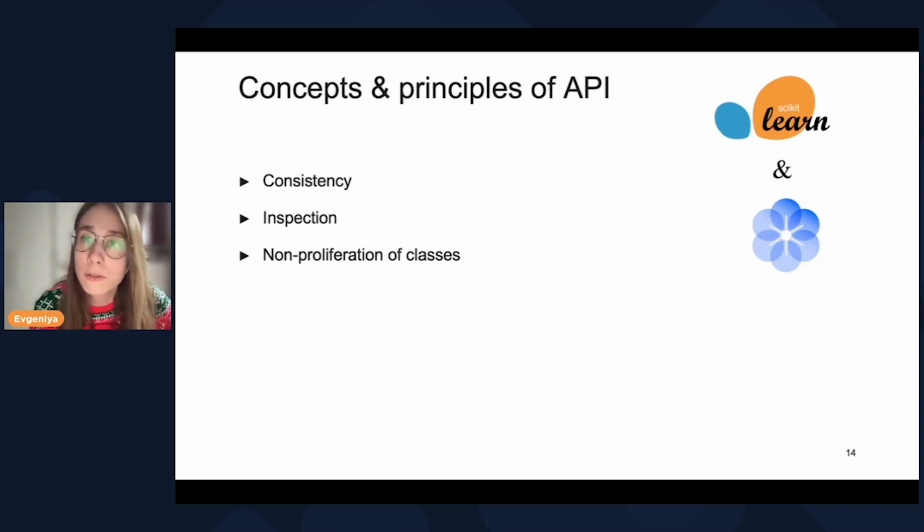Then non-proliferation of classes. You're not complicating your code. You're creating specific interfaces only for your black boxes, or learning algorithms, or aggregating algorithms. Then composition. Every machine learner, and I guess every engineer, understands that every system is built from basic building blocks. So you should be able to access them and combine them in different ways to create more complex pipelines.